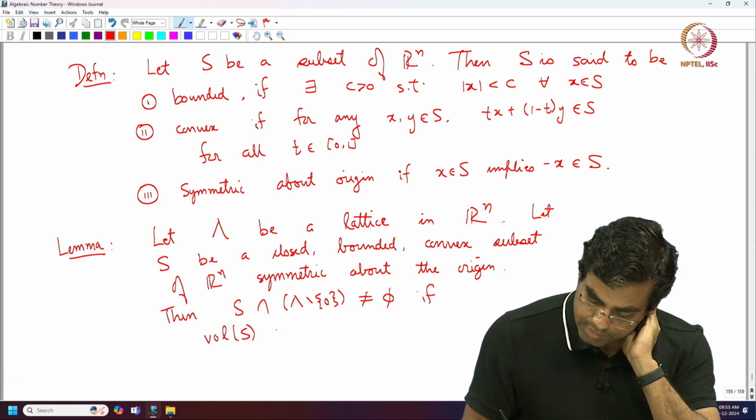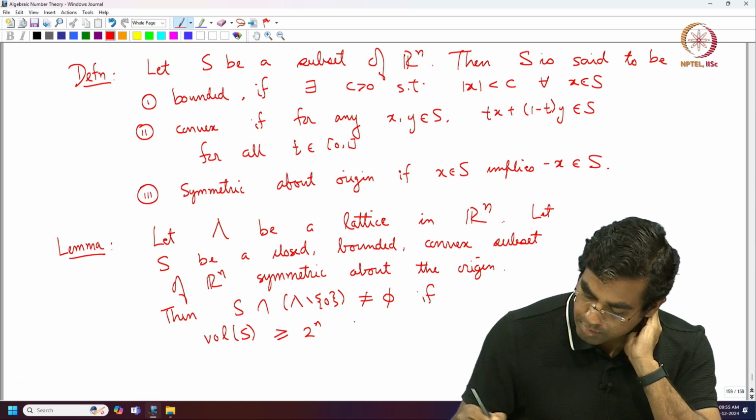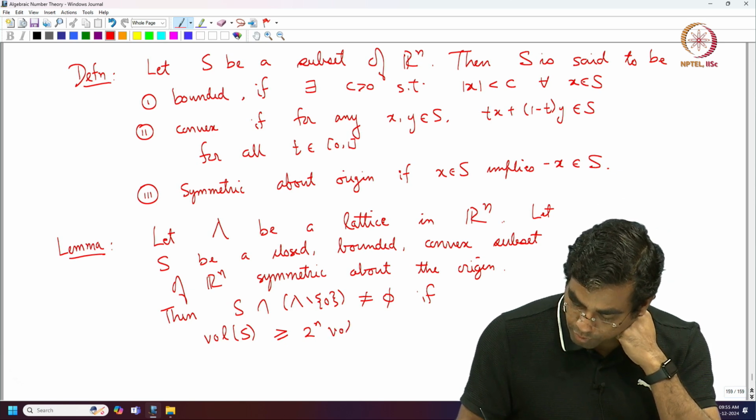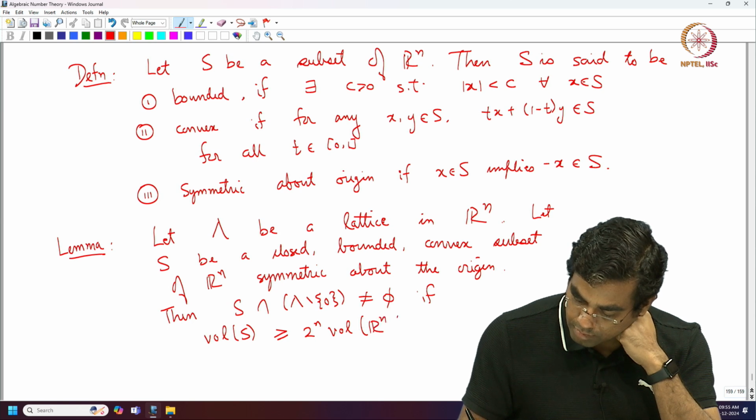So, volume of S is bigger than or equal to 2 to the power n, this n being same as the dimension of R to the n, times volume of R to the n mod lambda.